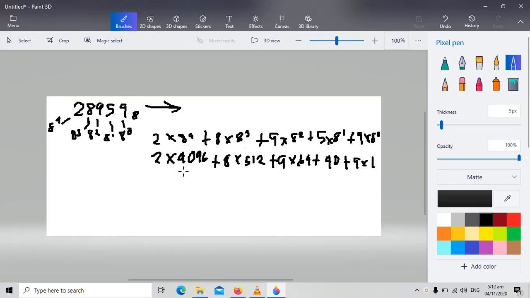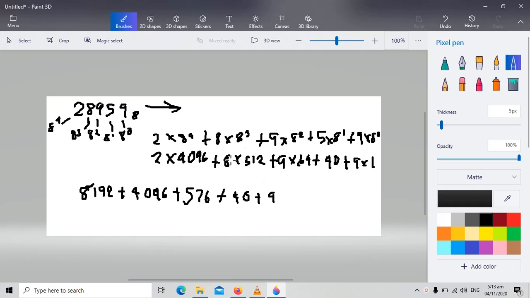Now let's try to solve it. 4096 times 2 is equal to 8192 plus 512 times 8 is 4096 plus 64 times 9 is 576 plus 40 plus 9.